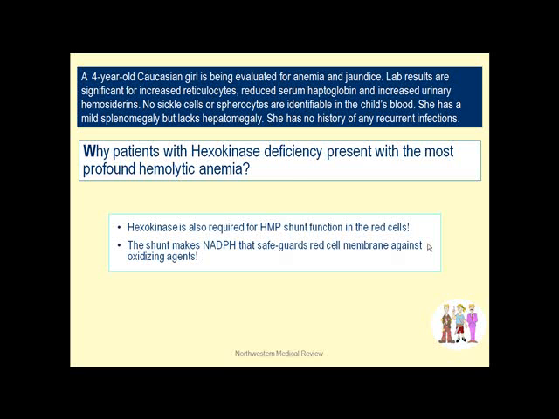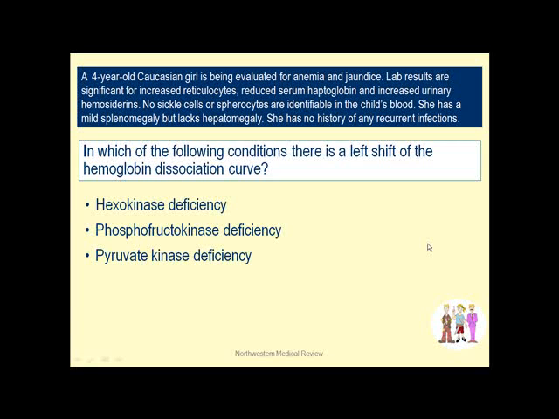Sodium stays inside the red cells and water will follow as a result of osmotic pressure into the red cells and cause hemolysis. The second reason is that NADPH of the hexose monophosphate shunt shields the red cells against the oxidizing damages of the oxidants.